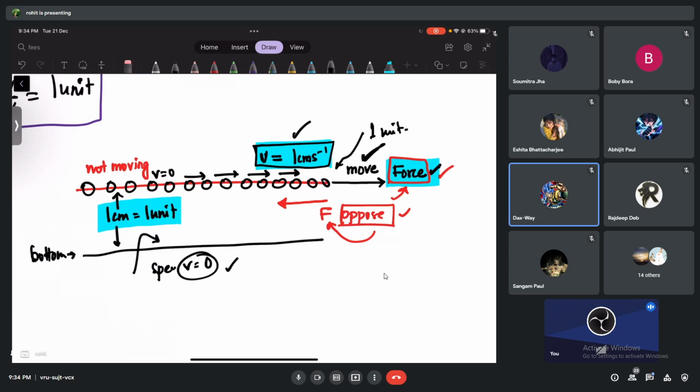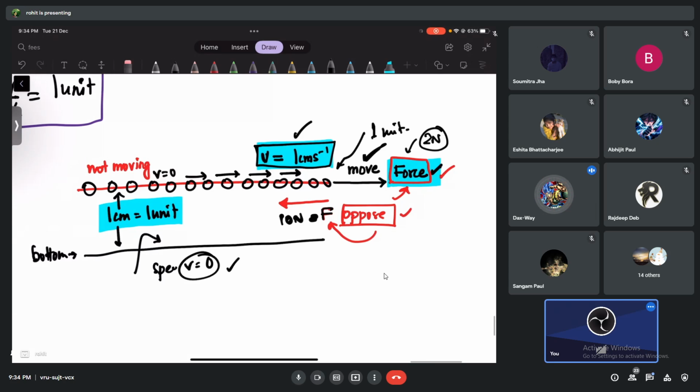If I tell you the opposing force is 10 newtons and the force I apply is only 2 newtons, now you think, will this happen or not? It won't happen, sir. Why? Because how much is the opposing force? 10 newtons, and you are applying how much force? 2 newtons.